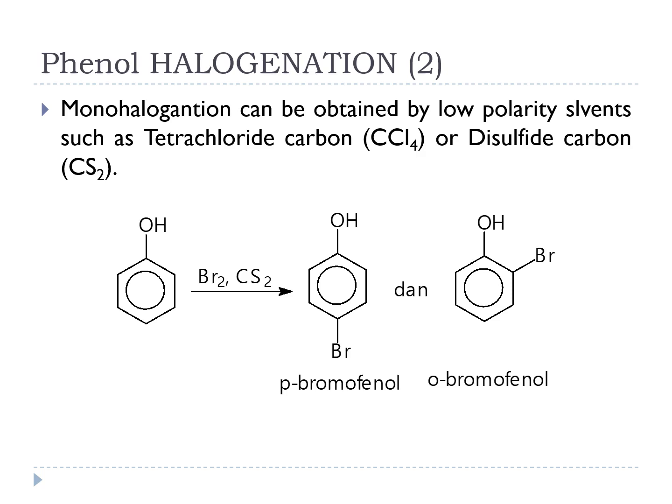So in case of phenol, choose a low polarity solvent such as carbon tetrachloride or carbon disulfide to get the monohalogenation. Monohalogenation means that only one halogen is attached in the benzene ring.